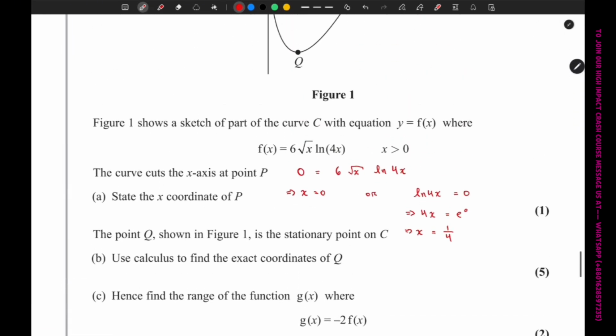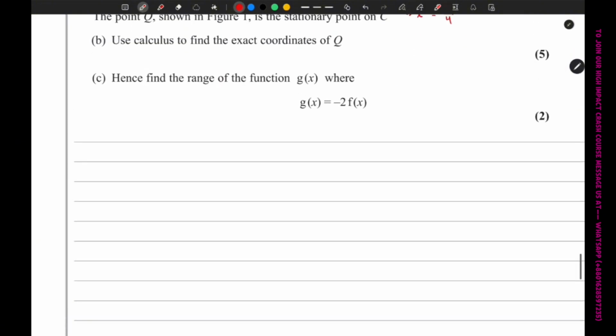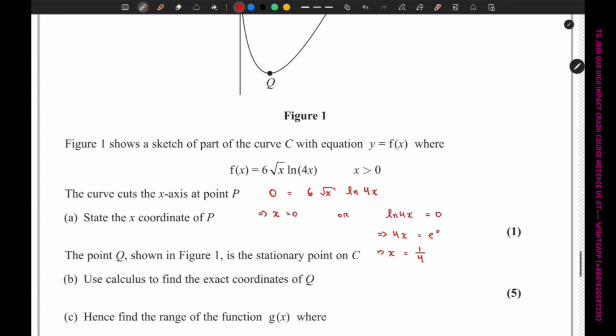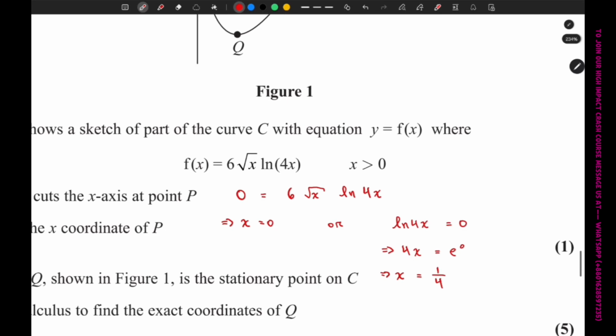Basically at point Q, the value of dy/dx is 0. Which means we need to differentiate this equation. So we have to use the product rule, which means that this is one of our functions, let's call this function u, and let's call this function v.